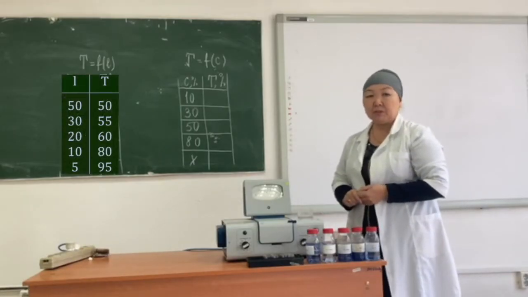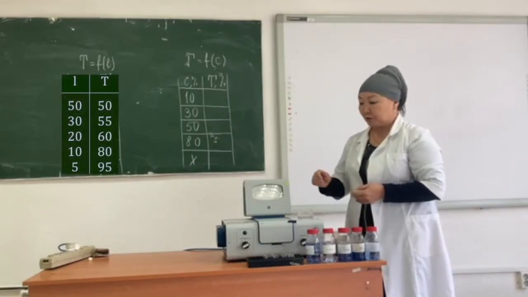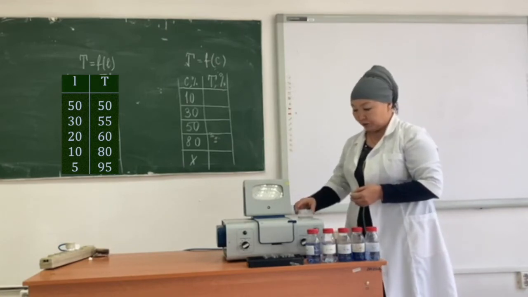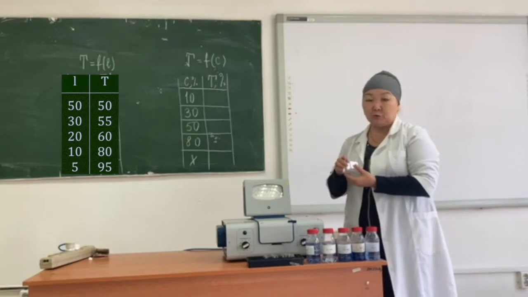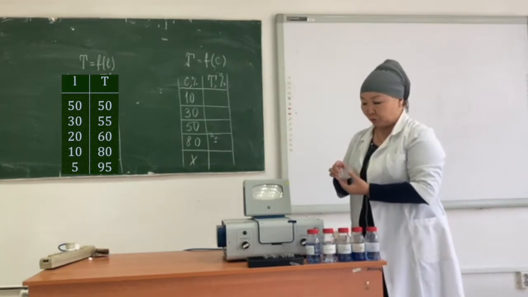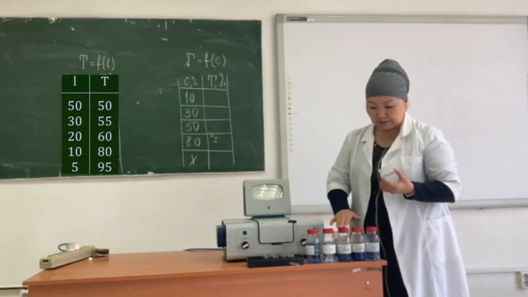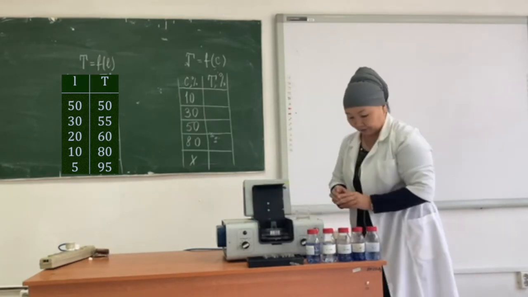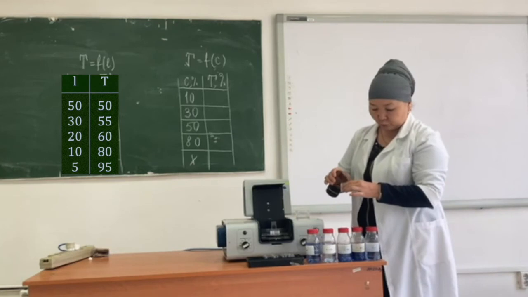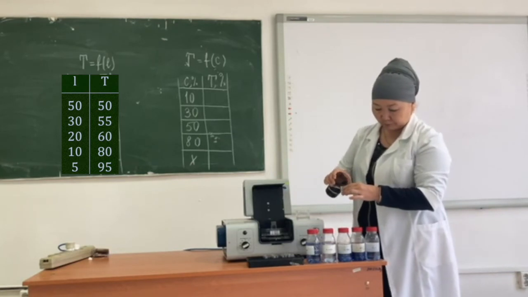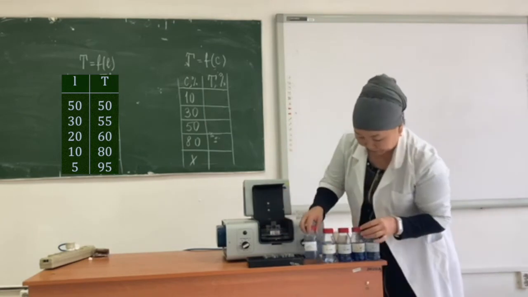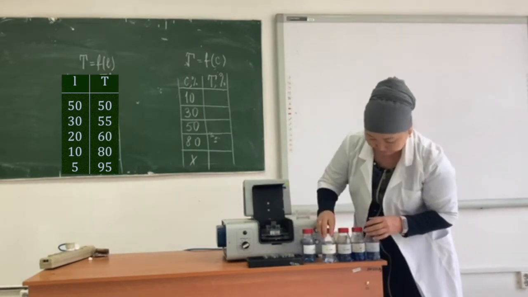In the second part of the experiment, we will determine the dependence of the transmittance on the concentration. In this case, the length of the cuvettes will be constant. We will change the concentration. We are going to pour clean water into one cuvette and set it on the inside of the table. Let's start with a 10% solution.